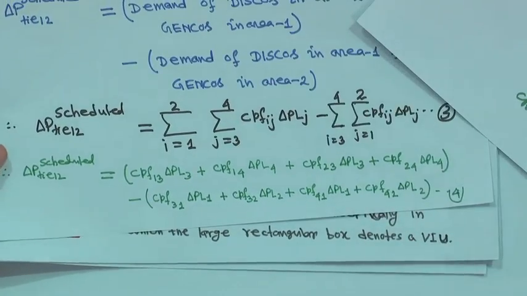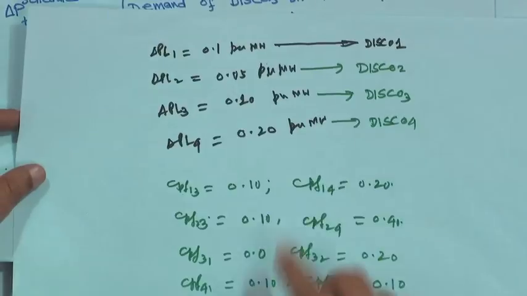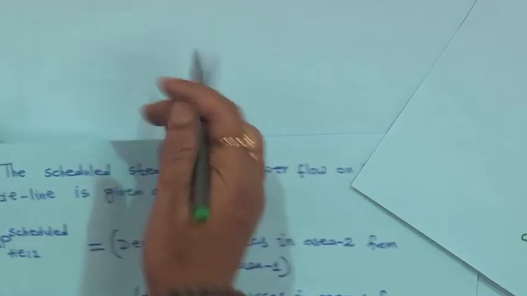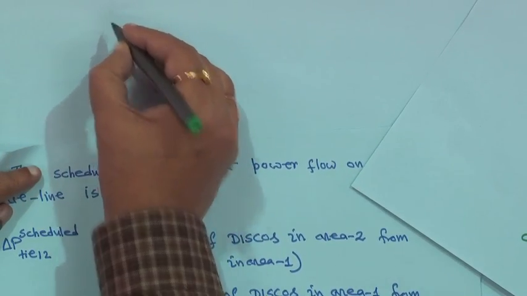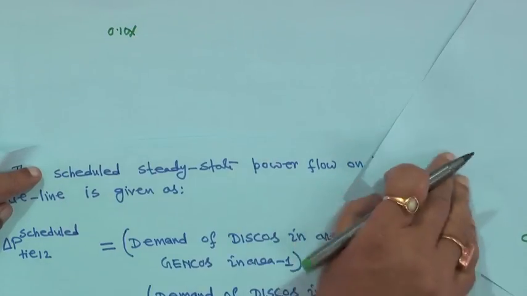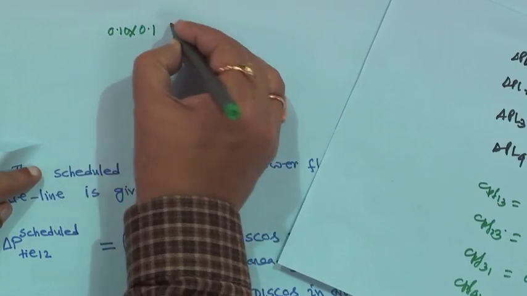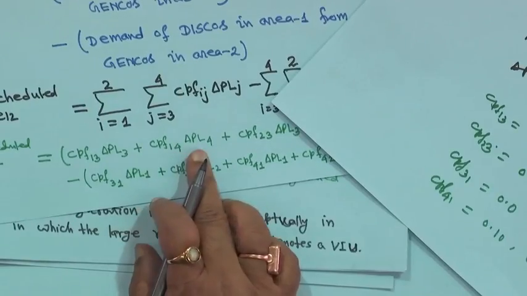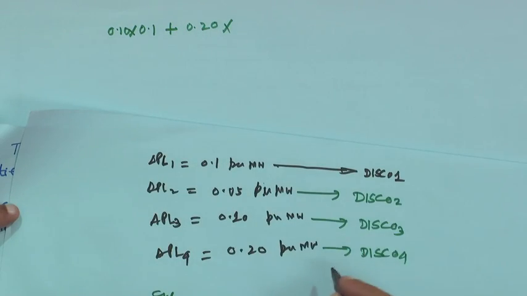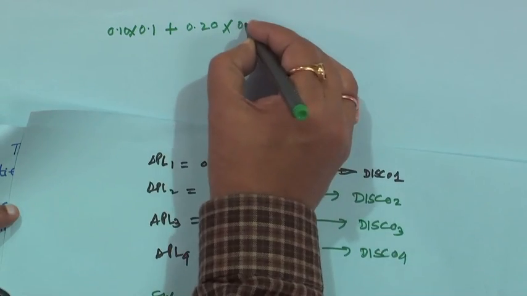Therefore, delta PL3 we have taken 0.1, and CF13 is 0.10. So the first term is CF13 delta PL3, which is 0.10 into 0.1, plus CF14 delta PL4, where CF14 we have taken 0.2, so 0.2 into 0.2.